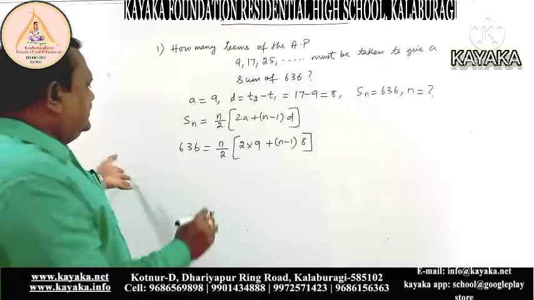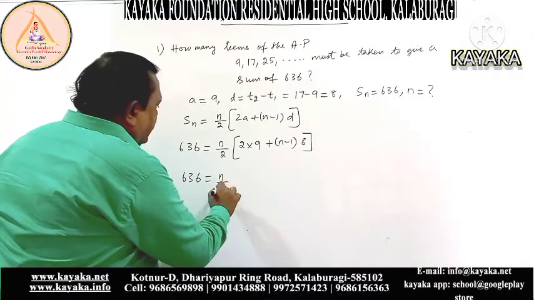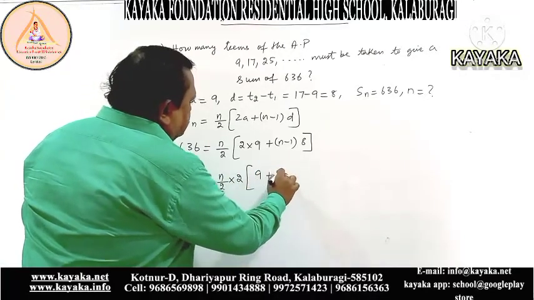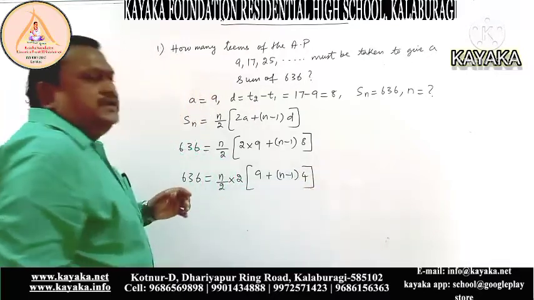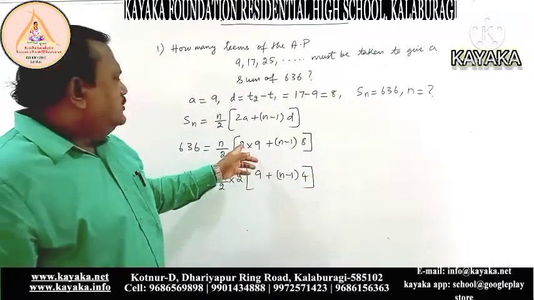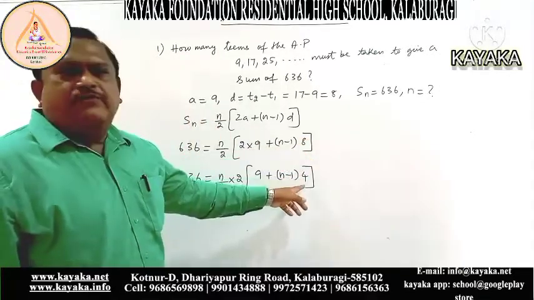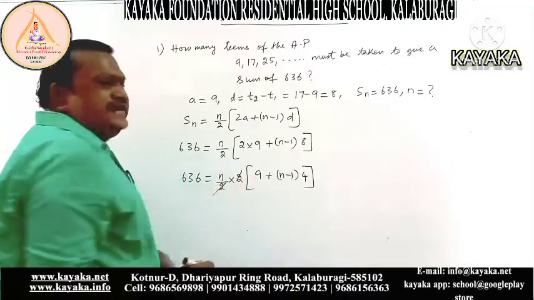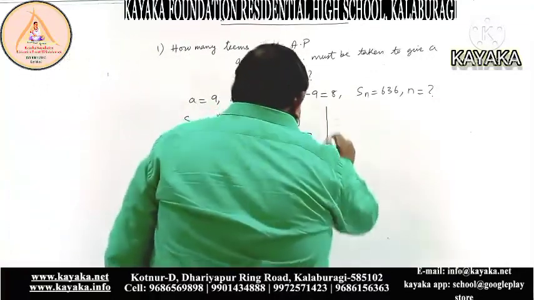Then 636 will be equal to n by 2 into 2 outside, times 9 plus n minus 1 into 4. From the 8, if you take 2 outside, it becomes 4. Now this 2 and 2 will get cancelled. Therefore, you will get 636. Next step I write it here.